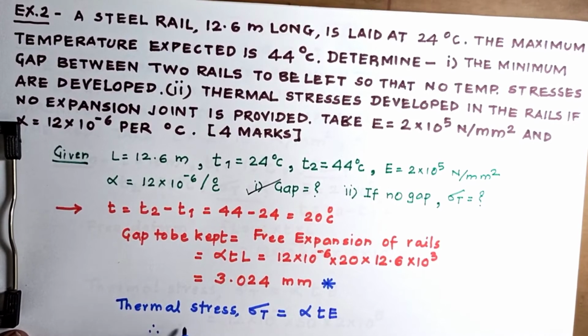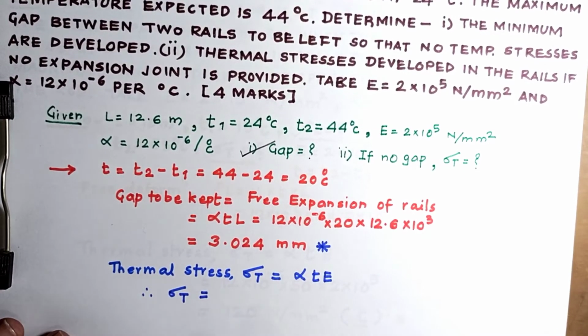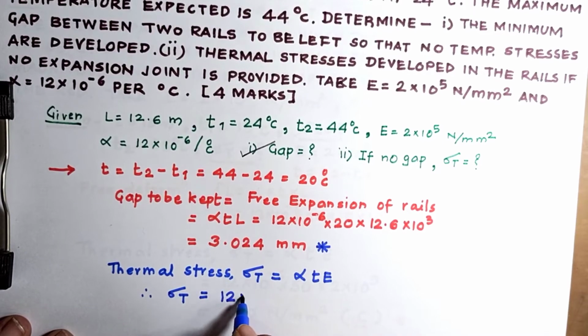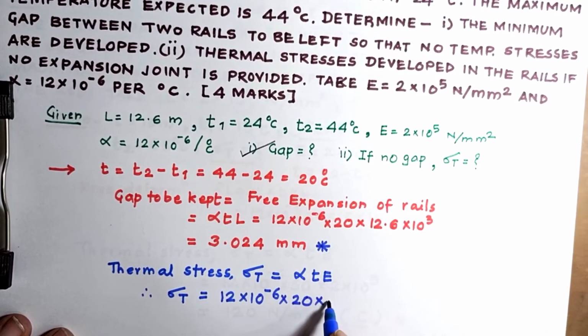Therefore, thermal stress sigma T is equal to alpha means 12 into 10 to the power minus 6 into T is 20 into E is 2 into 10 raised to 5.